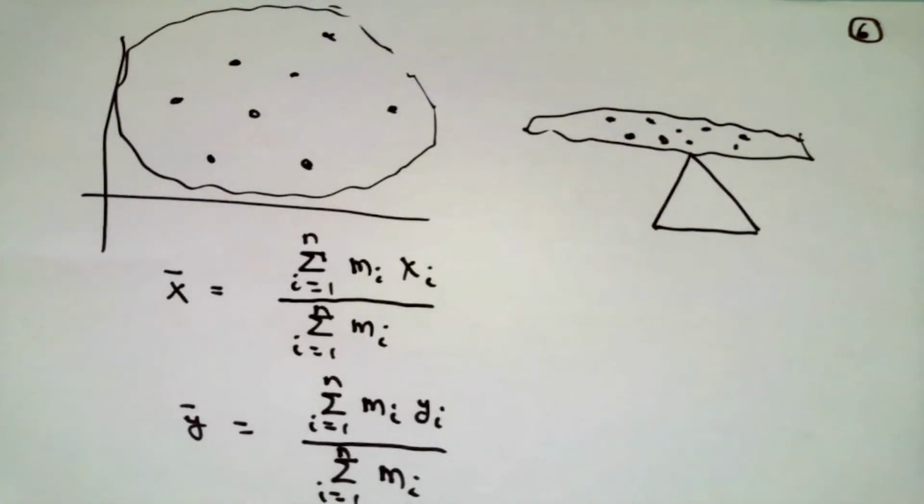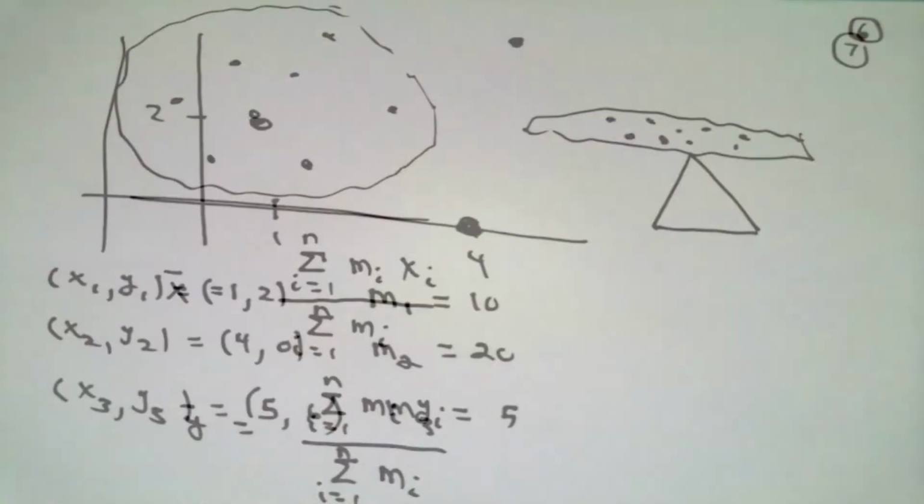X bar is calculated using exactly the same formula as we had for the one-dimensional system, and since in this context x and y are completely independent of each other, it's reasonable to think that y bar is given by the same formula that x bar was, with every reference to x replaced with a reference to a y-coordinate instead. We need to do a little example of this, and then we'll talk about a rather odd notation.